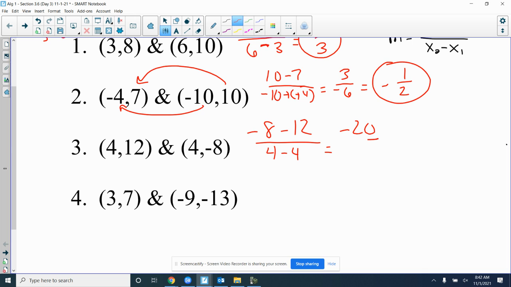And what's 4 minus 4? 0. What's my slope? Is it 20 or is it 0? Well, take your calculator and go negative 20 divided by 0. Divide by 0, right? So what's the slope? It's not negative 20 or 0. Is it undefined? It is undefined.